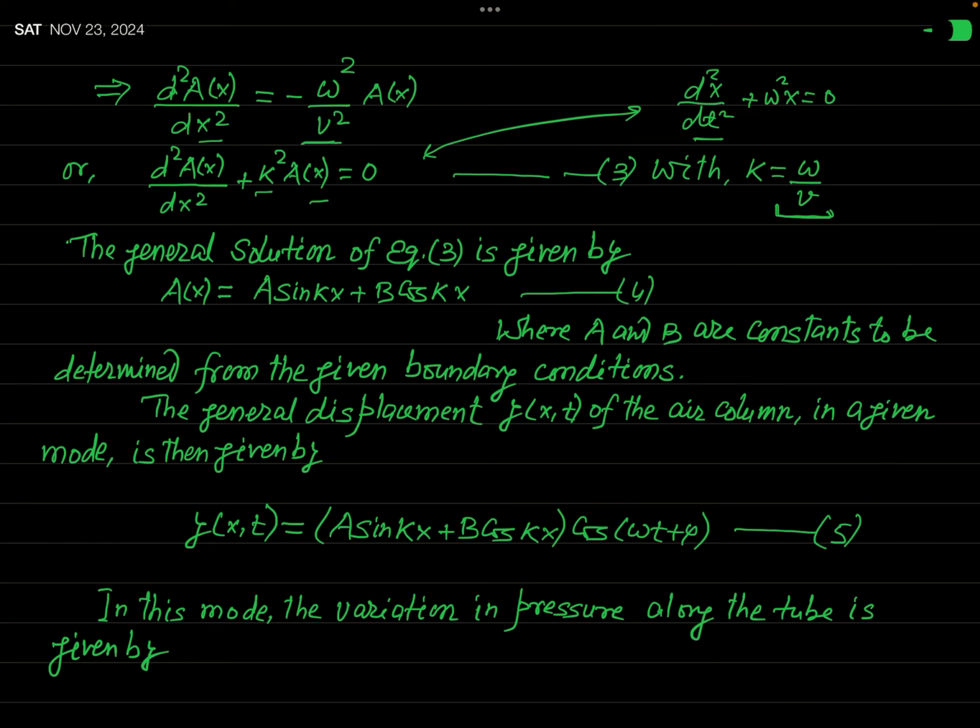So the general solution of this equation 3 can be written as a of x equal to a sine kx plus b cos kx, because you write the solution of this equation as a sine omega t plus b cos omega t. Here at the place of omega there is k, and at the place of t there is x. Okay. So in this way we have obtained the amplitude a of x.